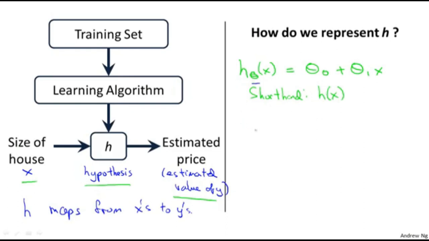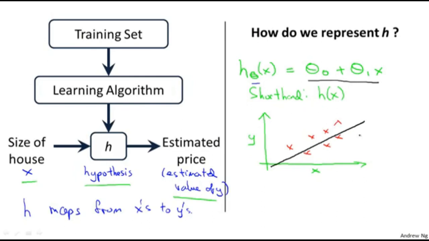And plotting this in pictures, all this means is that we are going to predict that y is a linear function of x. Right? So that's our data set. And what this function is doing is it's predicting that y is some straight line function of x. That's h of x equals theta 0 plus theta 1 x.